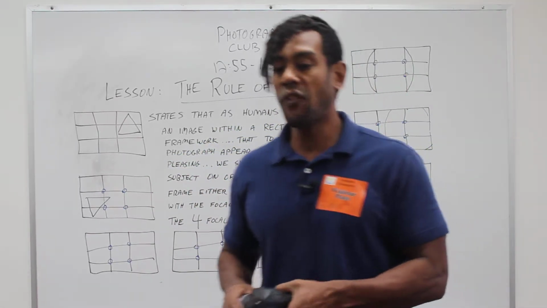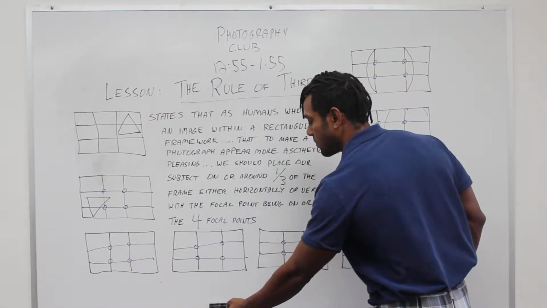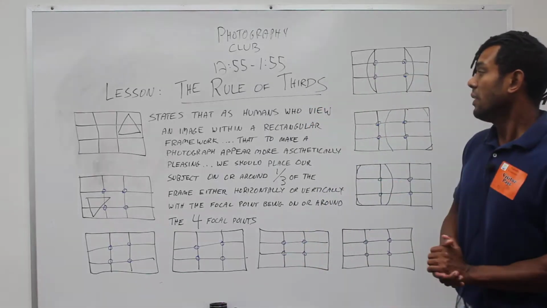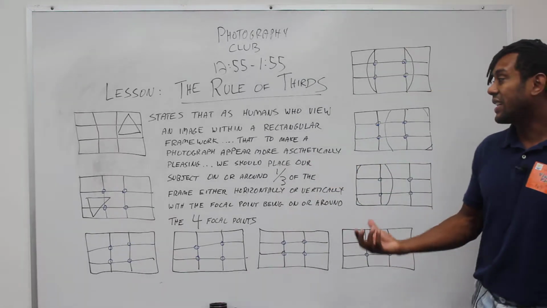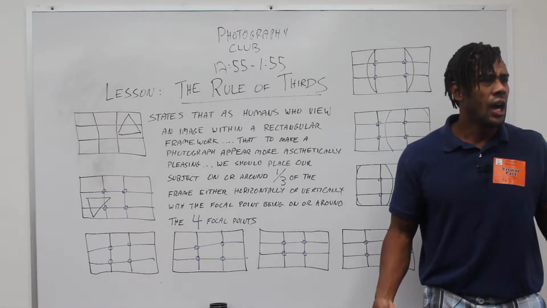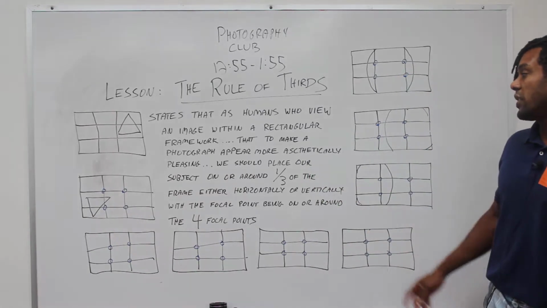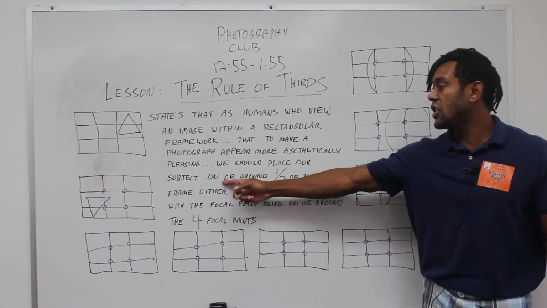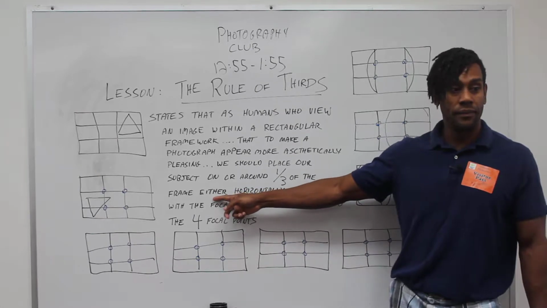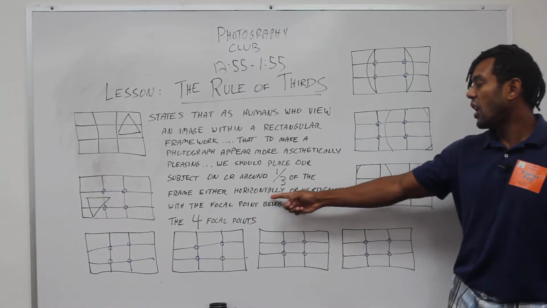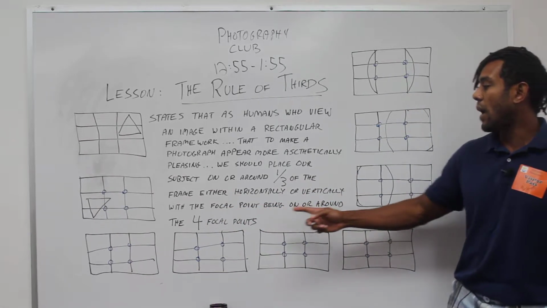So whenever we're taking photos within a rectangular frame, to make the photo appear more aesthetically pleasing, which just means to make the photo look really, really good, we should place our subject on or around 1/3 of the frame, either horizontally or vertically, with the focal point being on or around the 4 focal points.